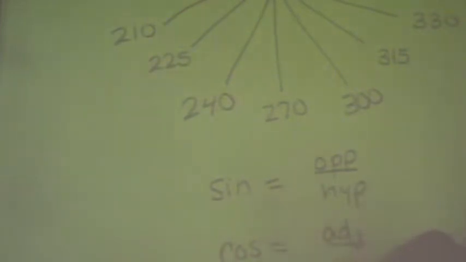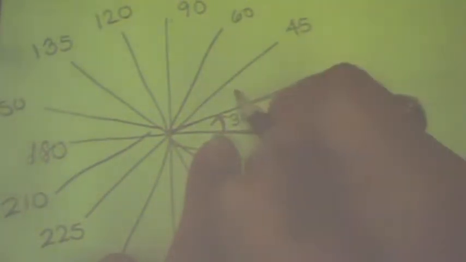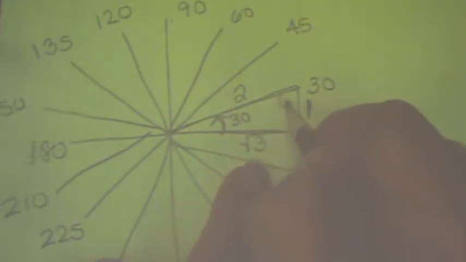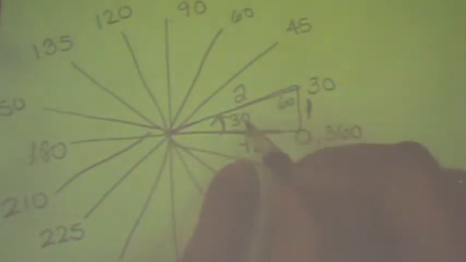It compares adjacent to hypotenuse, and tangent is a ratio. It compares the side opposite over the adjacent. Well, if you have a 30-degree angle, you learned in geometry that the side opposite the 30 is a 1. The hypotenuse is a 2, and the side opposite the 60 is a root 3. So if I say what's the sine of 30, it's 1 over 2. I say what's the cosine of 30, you say root 3 over 2.